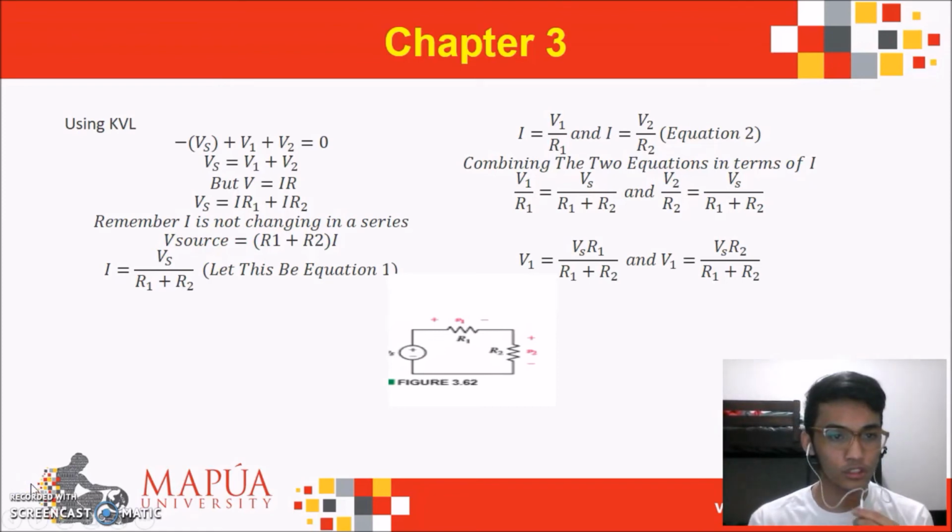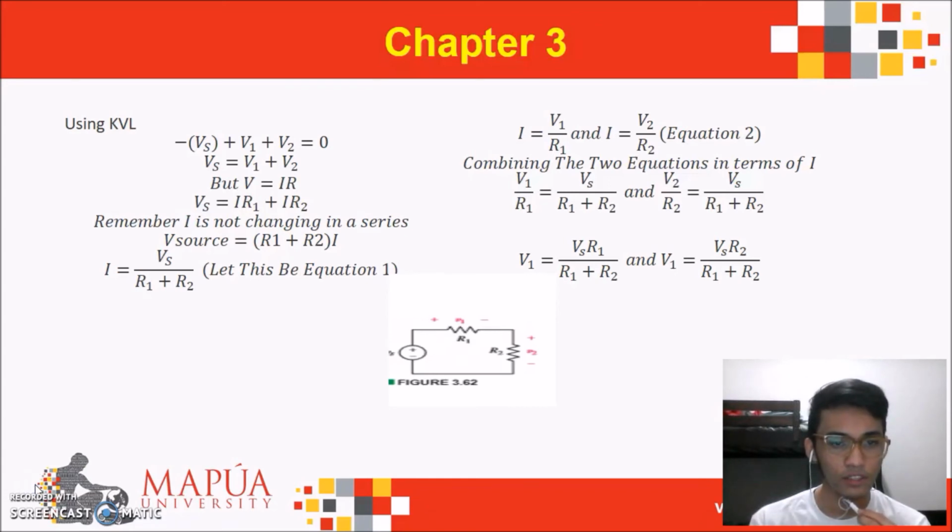Transposing voltage source to the other side, it is now equal to V1 plus V2. But remember, V is equal to current times the resistance. So voltage source now is equal to the current across resistor number 1 multiplied by the resistance across resistor number 1 plus the current across resistor number 2 multiplied by the resistance across resistor number 2.